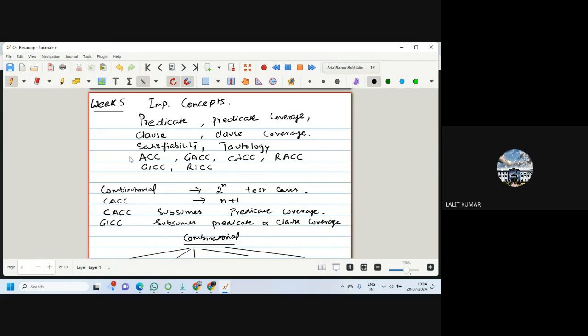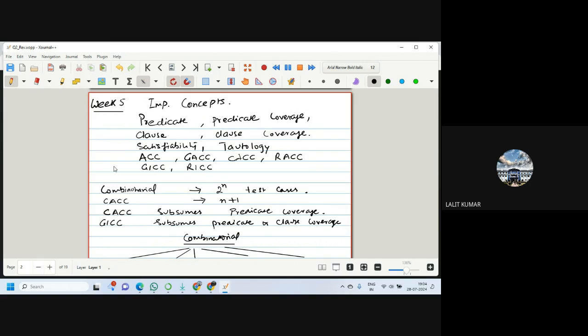As the number of clauses increases, this becomes computationally costly, and that's why it is not advised. For CACC, we need only n plus 1 test cases. If there are n clauses, then with n plus 1 test cases we can achieve CACC. And CACC subsumes predicate coverage. It means if we have achieved CACC, then we have achieved predicate coverage.